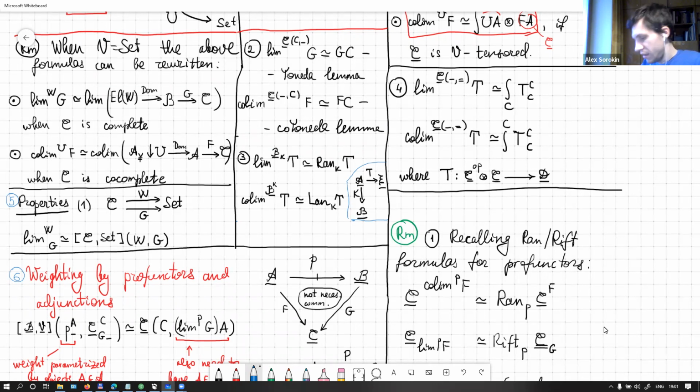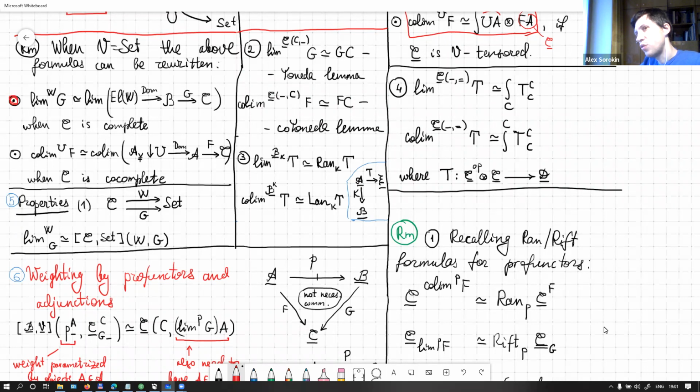Okay, then if we work around these formulas more and use an alternative way of computing ends and coends, we can recall how it was defined using the category of elements, and we obtain the formulas in the left column on the screen. The first one is the formula for the weighted limit using the category of elements.